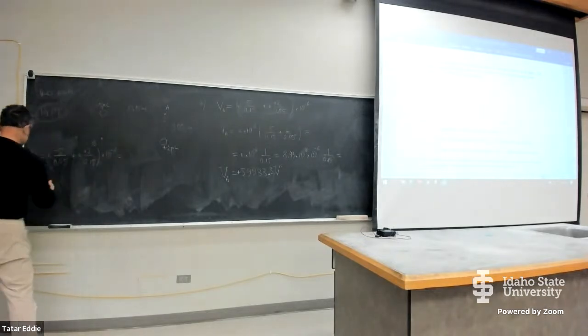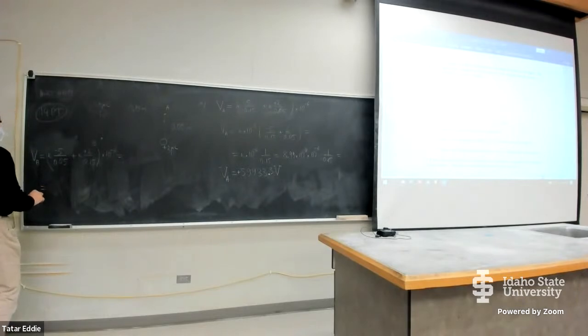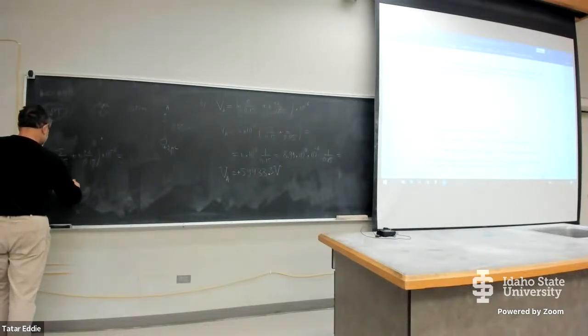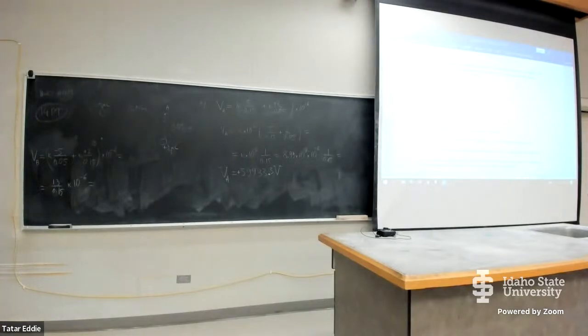So this is going to give you 13 divided by 0.15 times k times 10 to the negative 6. Well, you have to find the number.